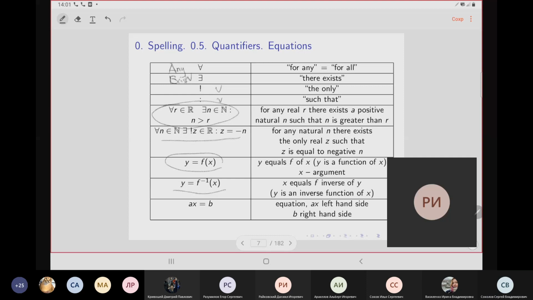Oh, I think y equals f inverse of x, because here x is an argument. Next one is a simple equation. The most interesting, we spell this part left-hand side and this part of the equation right-hand side. Left and right-hand side of the equation.